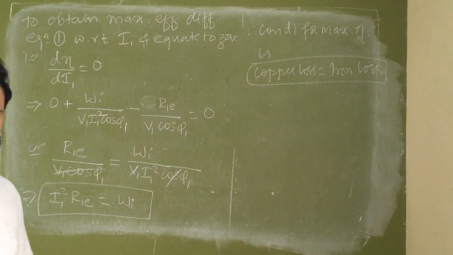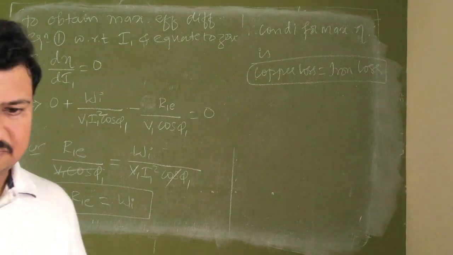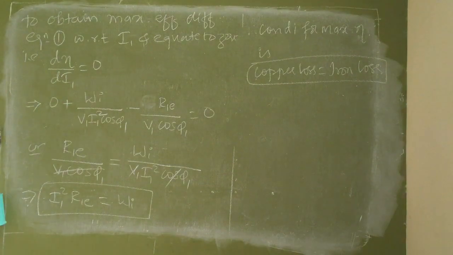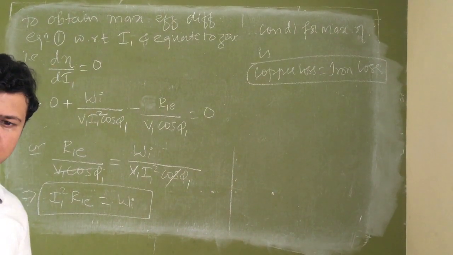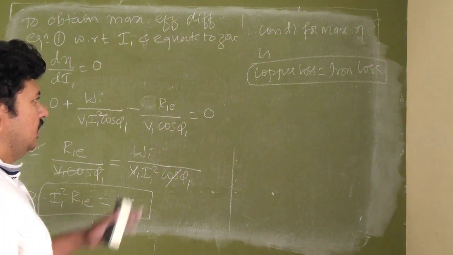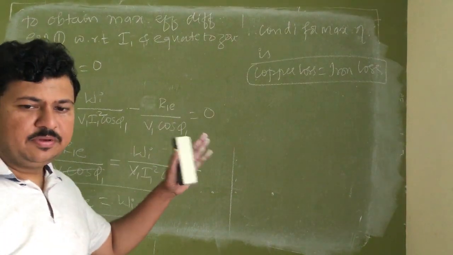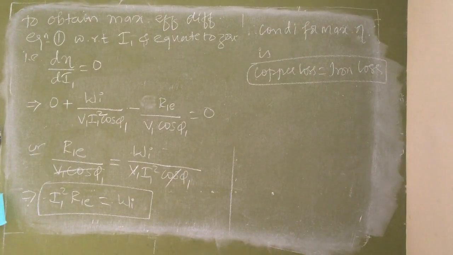You may ask, what is the difference? Iron loss is a constant. Whether the load is maximum, or efficiency should be maximum, or efficiency is 0, or full load, my iron losses will remain constant. So variable losses will become equal to constant loss. Constant loss cannot become equal to variable loss.